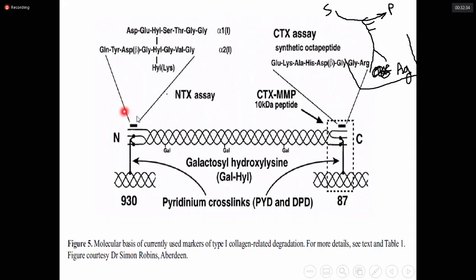And we have also this kind of fragment, NTX for example, and we have the NTX assay for this fragment specifically. Now each one of these fragments got its own special test, because the antibody that binds to it is different. And we have CTX MMP, which is the result of metalloproteinase enzymes, because they work on this piece or this fragment. Okay, and we have the CTX assay, for example, for the octapeptide here that can be produced by such kind of degradation procedure.